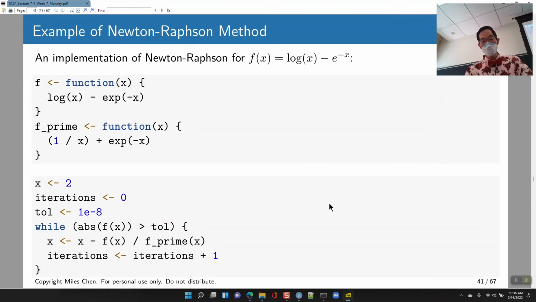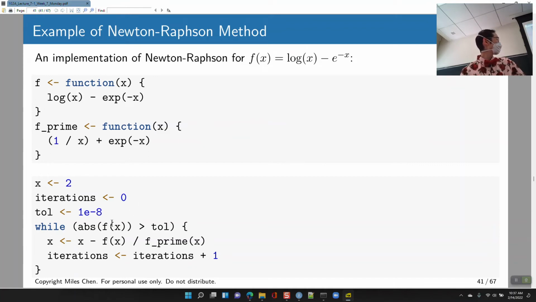And so now, as far as the math goes, we have our function f, log of x minus e to the negative x, and then we have f prime, 1 over x plus e to the negative x. I could have done x old and x new, but we're going to just start off at x equal to 2.